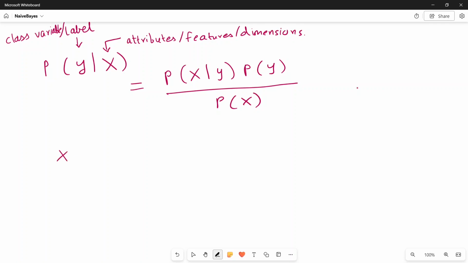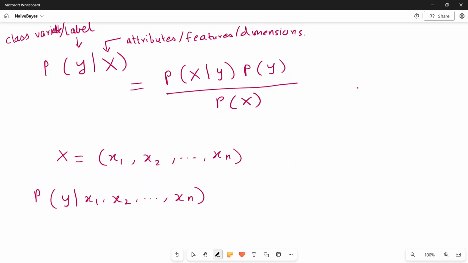X here is a vector consisting of, let's say, n features. So the same thing we can write as the probability of Y given the feature vector, expanded completely.